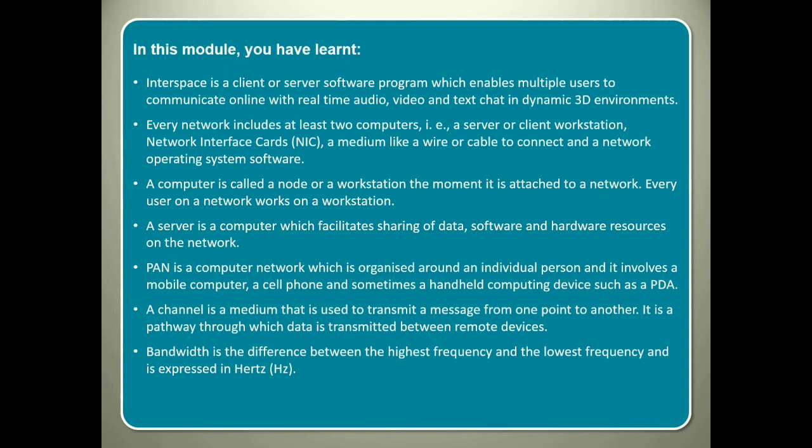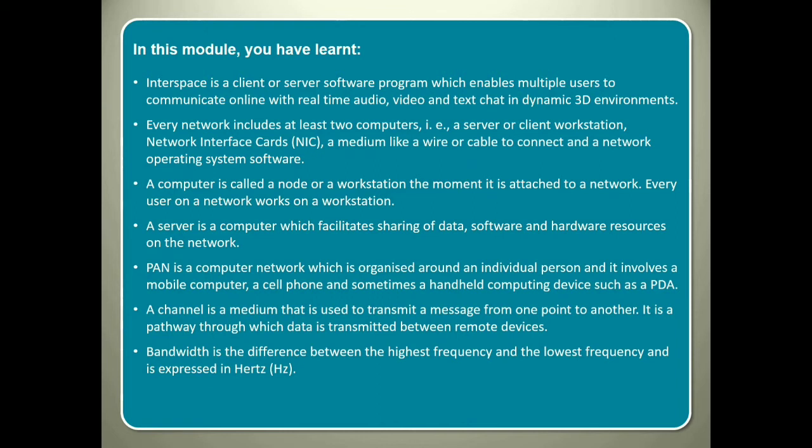Every network includes at least two computers, that is, a server or client workstation, network interface cards or NICs, a medium like a wire or cable to connect, and a network operating system software. A computer is called a node or a workstation the moment it is attached to a network.